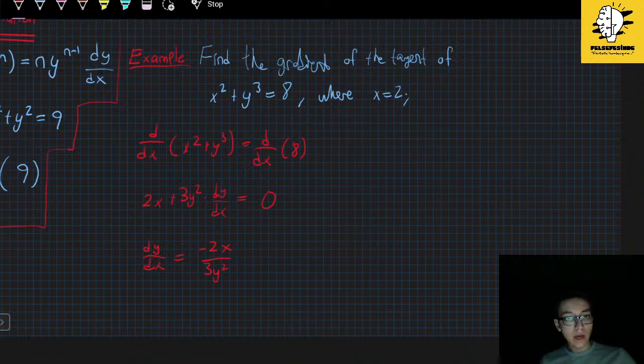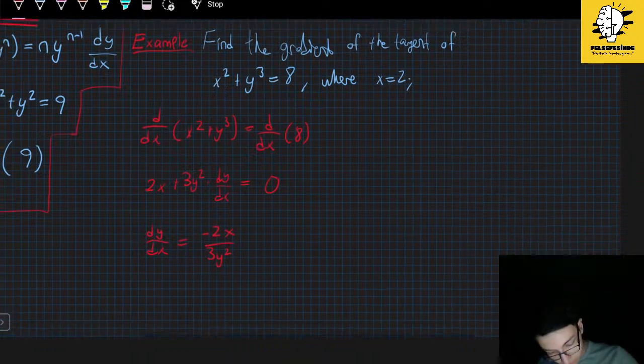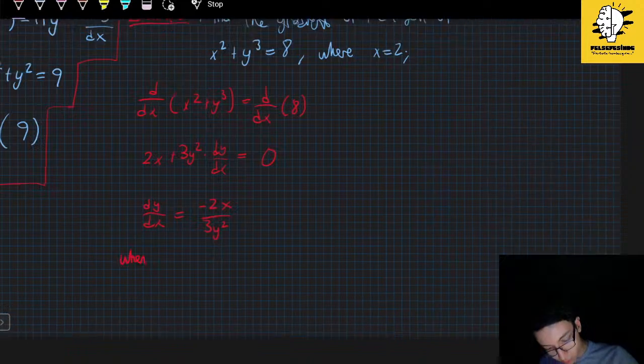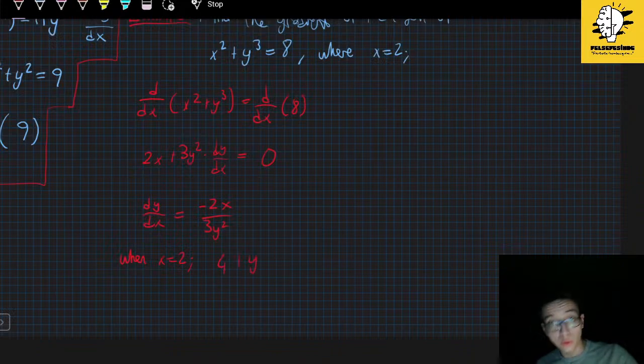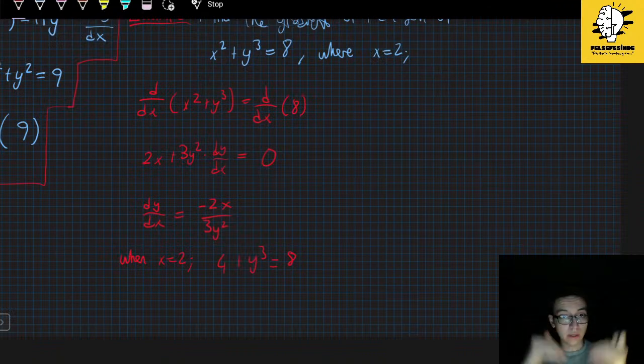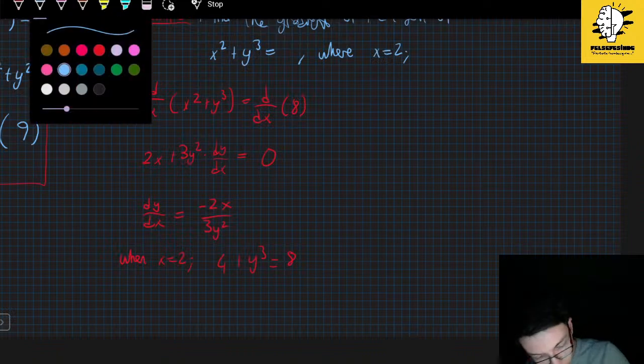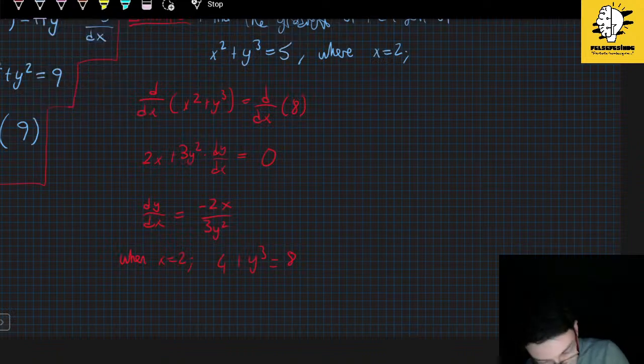Hence, when x is equal to 2, I will say 4 plus y cubed is equal to 8. I just substituted my x value into my implicit relation, and when I solve for this, just a second, may I change one thing in the question, just not to deal with complex numbers.